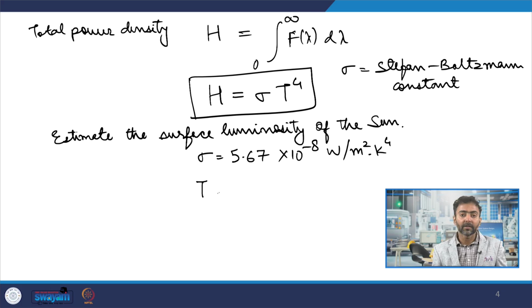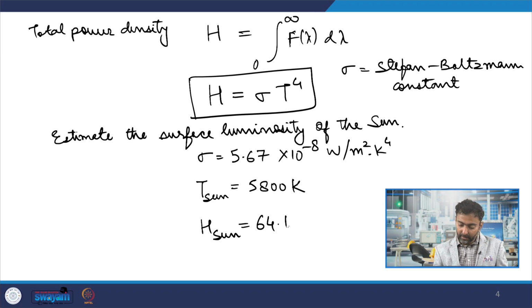The temperature of the sun, as we just now discussed a few minutes ago, we will take a simple approximation of the temperature of the sun or the temperature of the photosphere as 5800 Kelvin. So if I use this value of temperature of sun and sigma at that particular value, and we substitute these two numbers in the equation H equal to sigma T to the power 4, then what we'll get is that H sun, or the surface luminosity of the sun, is 64.17 megawatt per meter square.